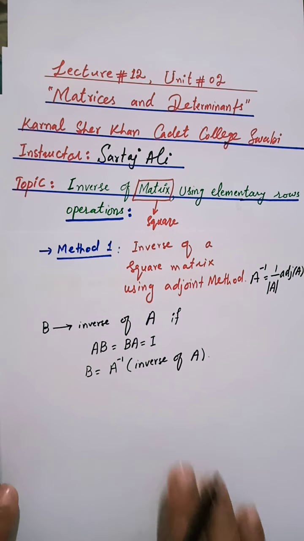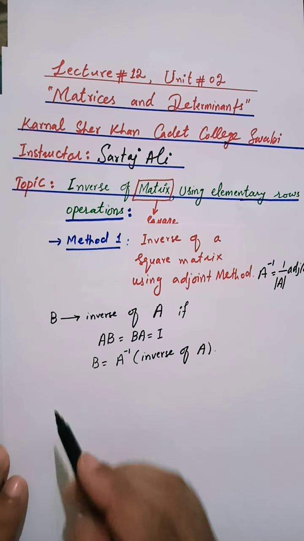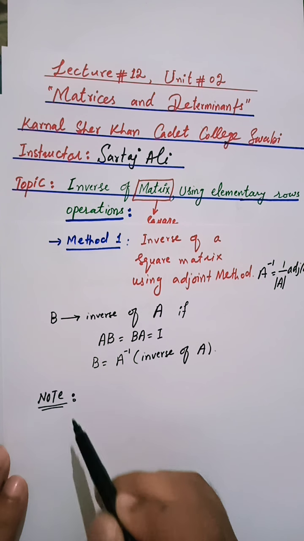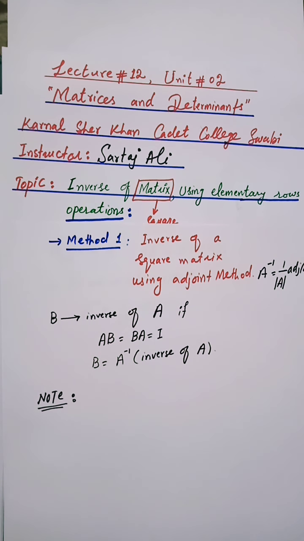But remember an important point: whenever you are finding the inverse of a square matrix, first of all we need to check whether the matrix is singular or non-singular. You must check that the matrix is invertible or non-invertible. If a matrix is invertible, then the inverse can be found.